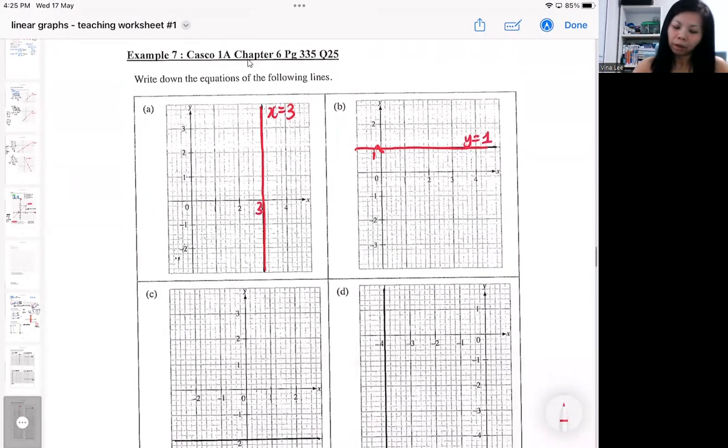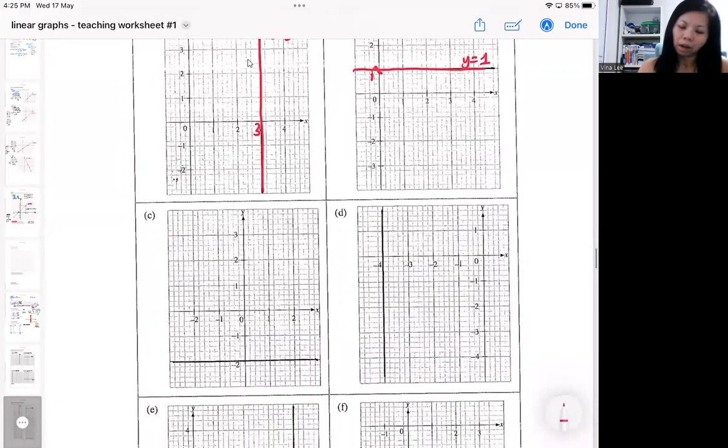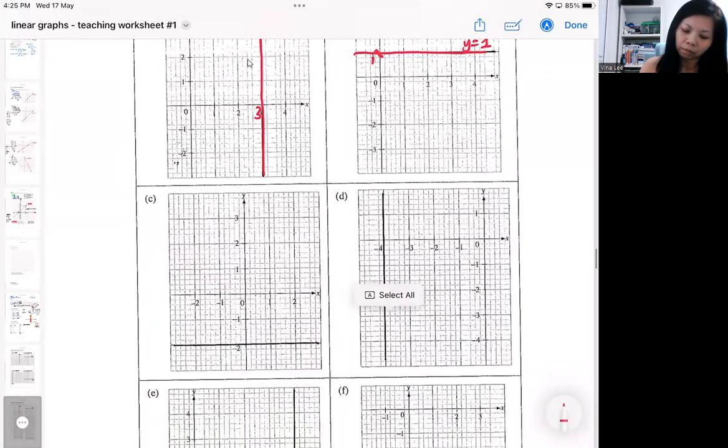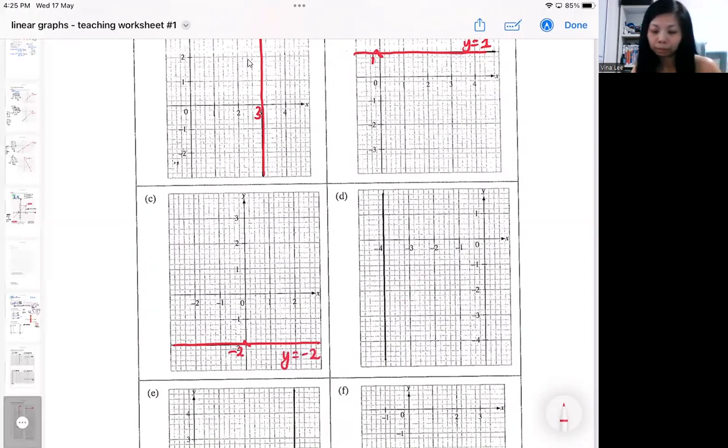So if I know how the line looks like, I also have an expectation. This is a horizontal line that cuts at -2, so I'm expecting the name to be y equal to -2. And this one is a vertical line that cuts at -4, so I'm expecting it to be x equal to -4.